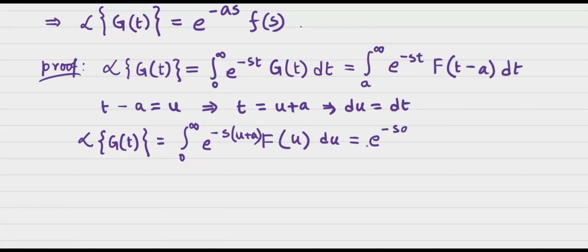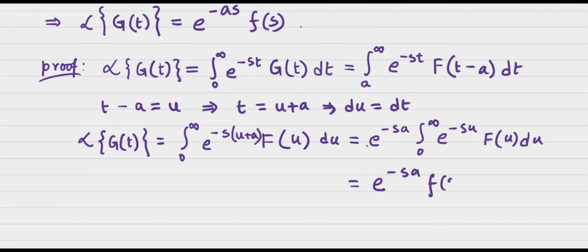So we find e to the power negative sa, and then from 0 to infinity we have e to the power negative su, f of u, du, and that gives us e to the power negative sa, and then F of s, which really proves our assertion or the statement of the property.